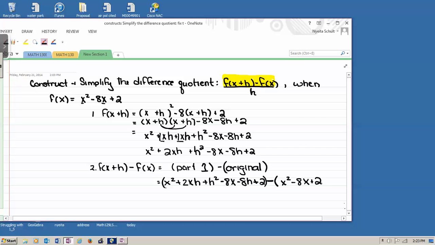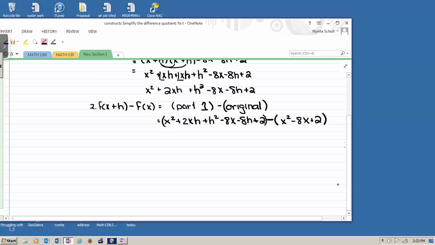Now what you can expect every single time is the original will eventually cancel out with something in your part 1 problem here. So if I write this all out, and after a while you may omit some steps, this might be one of them, but you'll see because we have to change the signs in the original, you can see what's all going to cancel out.